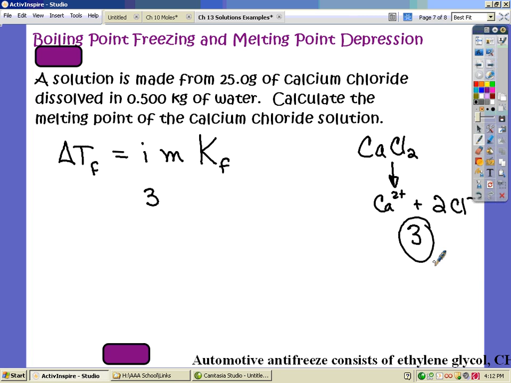For molality, we can do our calculation for this. I have 25 grams of the calcium chloride, so that's going to go on the top. And it has a molar mass of 111 grams per mole. That's going to get me moles on the top. And on the bottom, I have a half a kilogram of water.